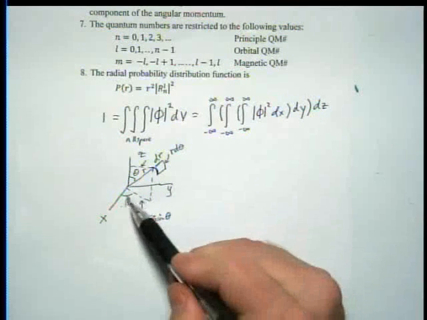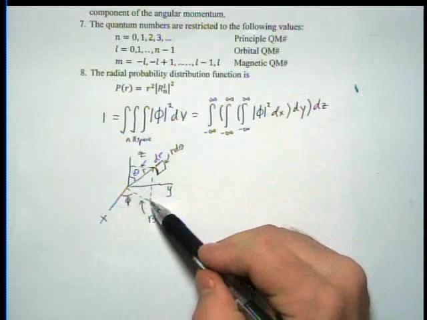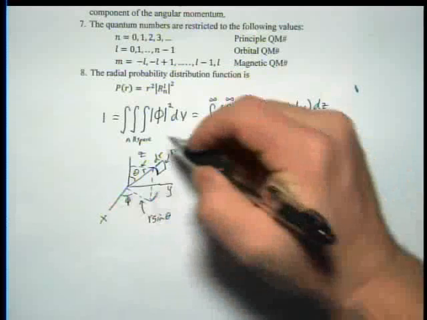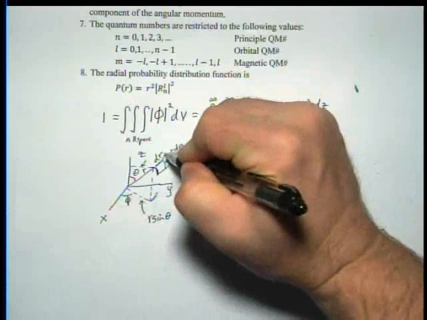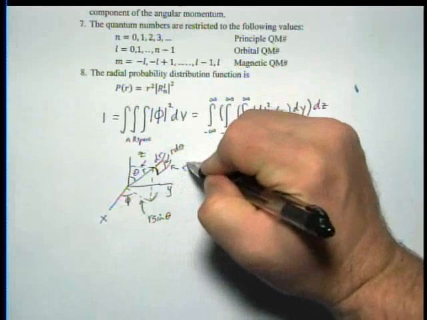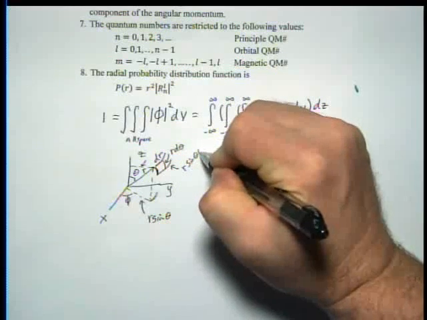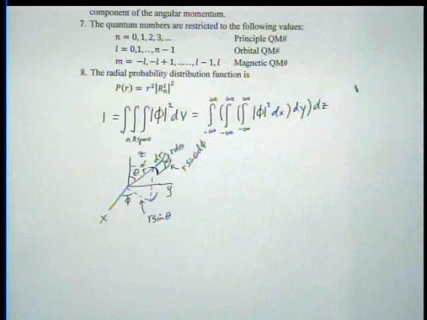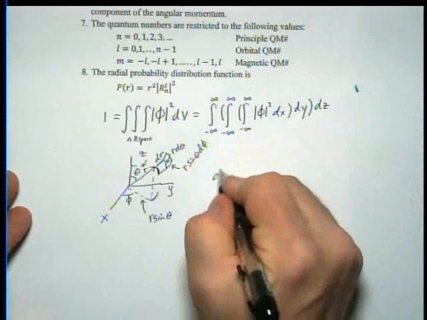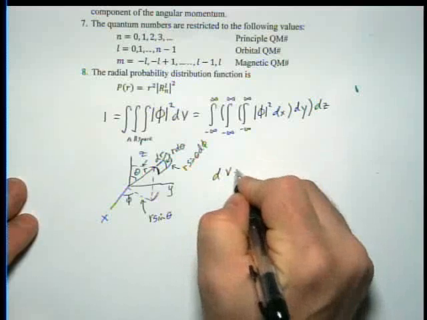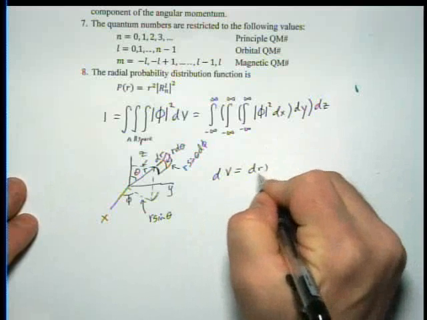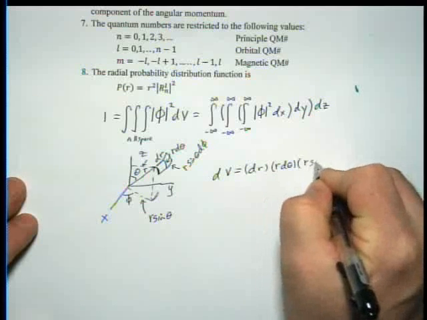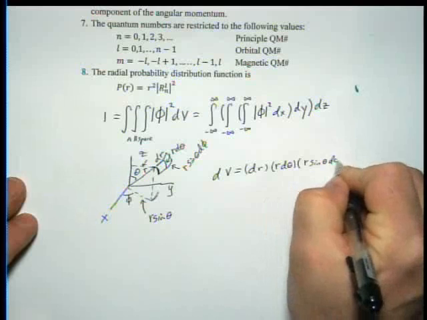And then as you move phi, you're going to take this point and move it like that. So you're getting a side up here. That side is r sine theta d phi. So there's the three sides of your cube. So my volume is dr, r d theta, r sine theta d phi.